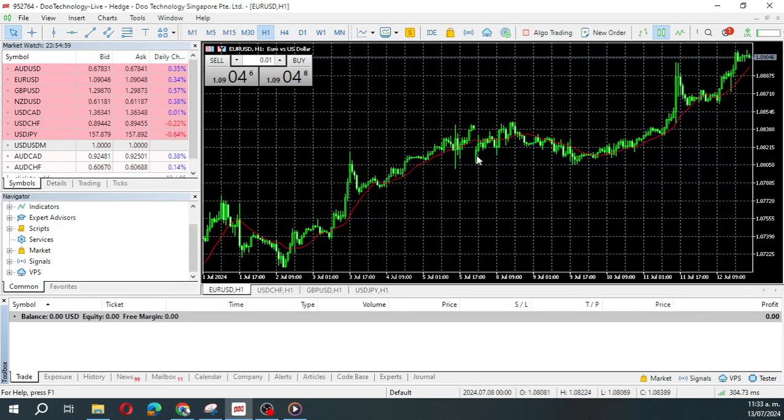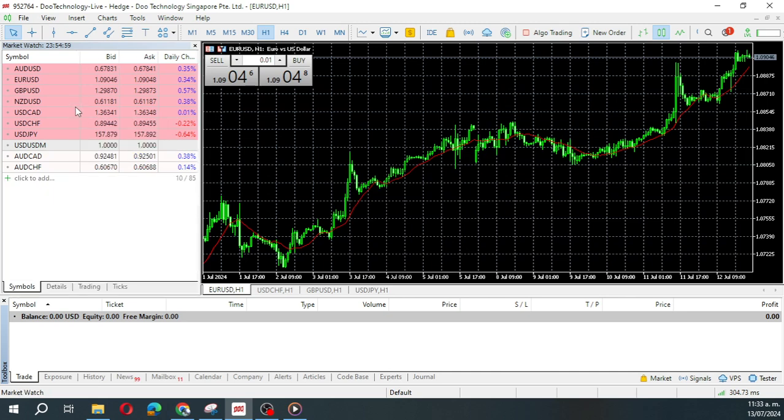Let's make this even bigger right now. The market at this moment is closed, but it doesn't matter because I'm not going to open operations right now. So this is how you see the market when you open the platform.